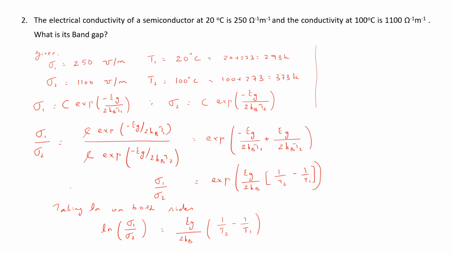I will continue here. You have the values for sigma 1, sigma 2, T1, T2, everything. So first let us rewrite the expression for Eg. Eg is equal to 2 kB ln sigma 1 by sigma 2, and then the whole term will come to the denominator, so 1 divided by 1 by T2 minus 1 by T1.